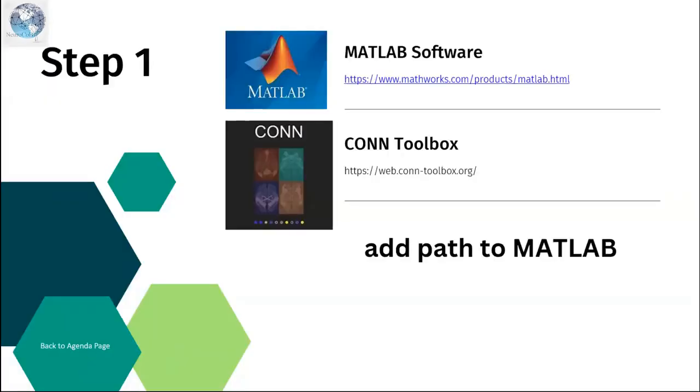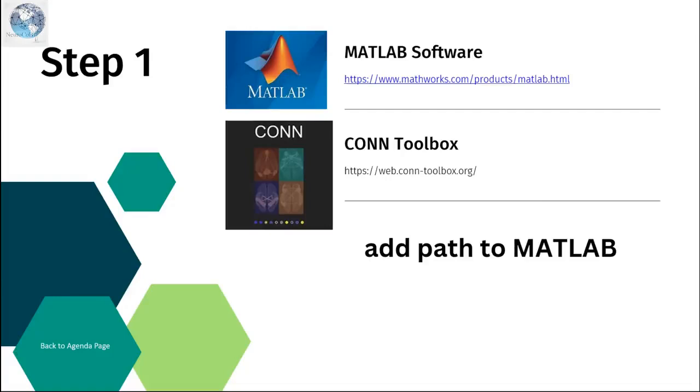Okay, let's begin with the Conn-Toolbox. What you must have is MATLAB software. You have downloaded it from our email, and then you need to download the Conn-Toolbox, because the MATLAB software you need to pay for, but what we give you is a free trial version. And the Conn-Toolbox is also open source. Open source means free to use.